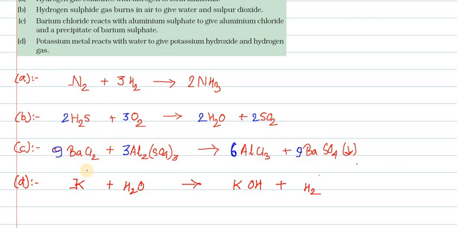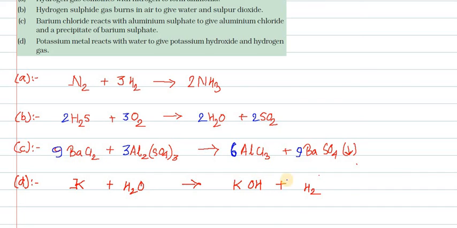So how to balance? Potassium is balanced. Very good. We have to move to H2O. So number of H on the left hand side is 2 and number of H on the right hand side is 3. So we have to make this equal. Let's balance the H first.